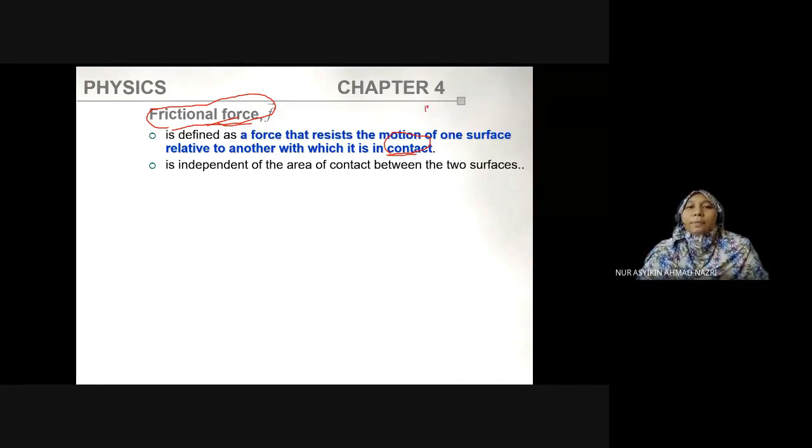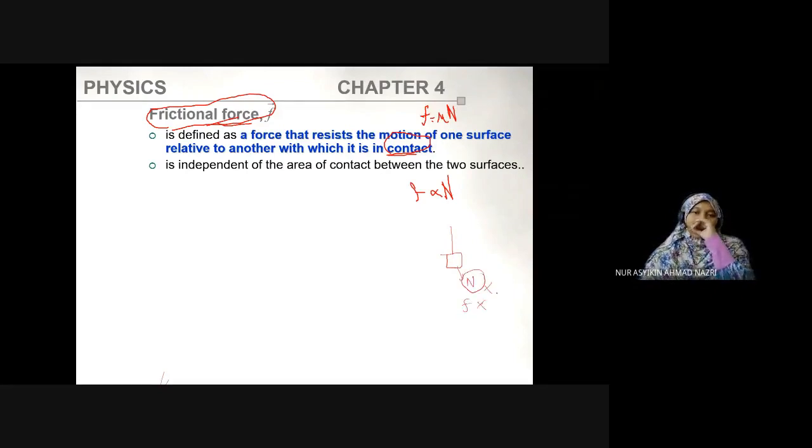Sebab tadi perasan tak F kita equal to mu N. So dia akan proportional dengan your normal force. Kalau for case yang dia hanging, it has no normal force, so frictional force pun tak ada lah. Okay, so dia akan proportional these two.